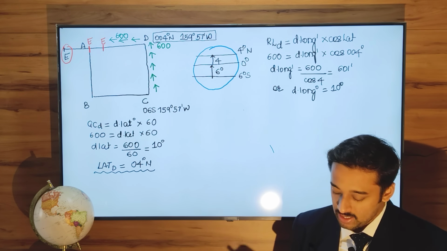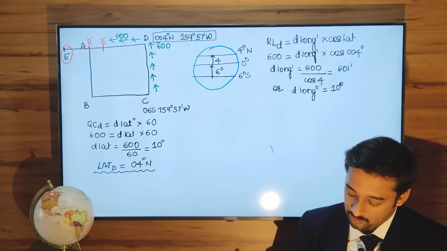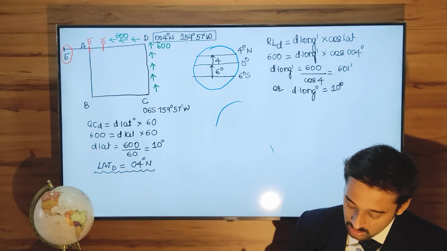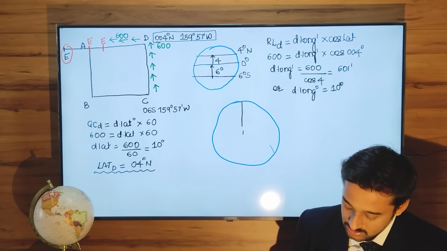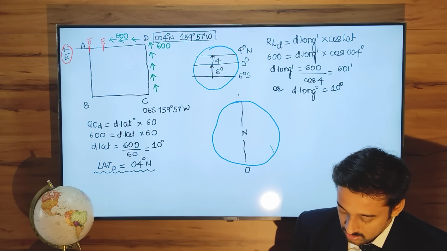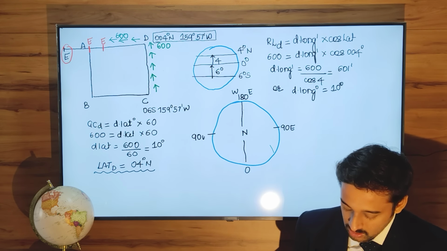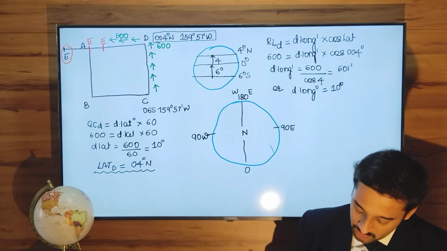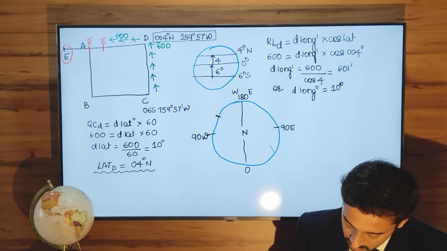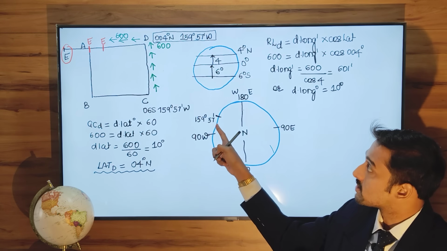So now our initial longitude is, let's draw the earth for that route of flight. For our longitudes, our earth diagram will be like this. So 159 degrees 57 minutes west. The western hemisphere is this. We are here, 159 degrees 57 minutes west.